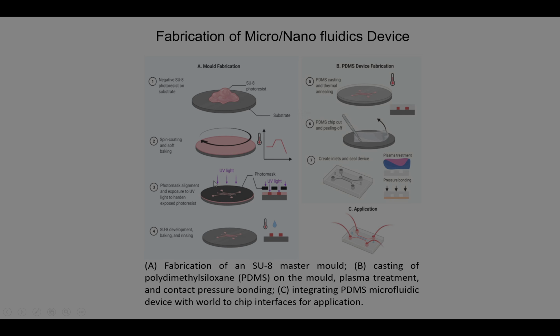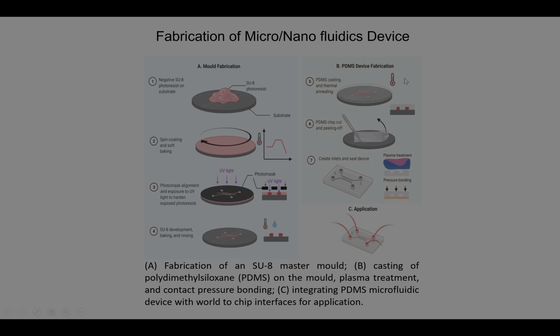Then after the lift off, this kind of pattern forms on the substrate. The pink color shows the cured resist. And after this, baking and rinsing have to be done.